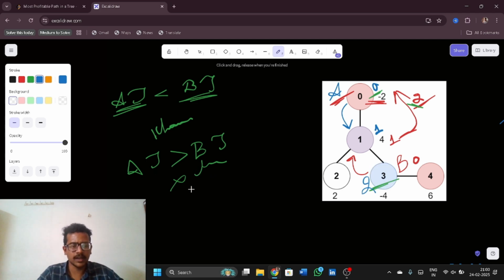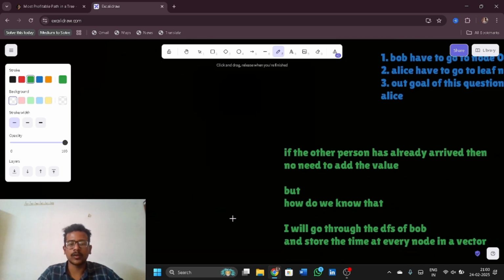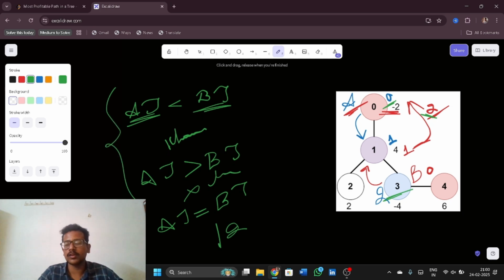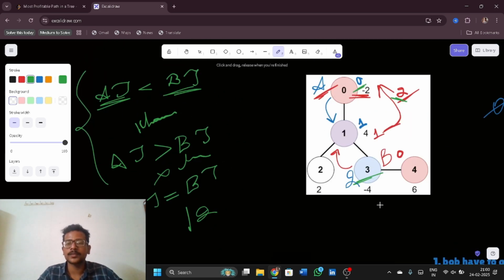Now there is another case where Alice's time is equal to Bob's time. At this time, as I said, the value will be split by 2. Now these are the conditions that I need to take care of. Now I have another thing. I have Bob going to 0 and Alice.